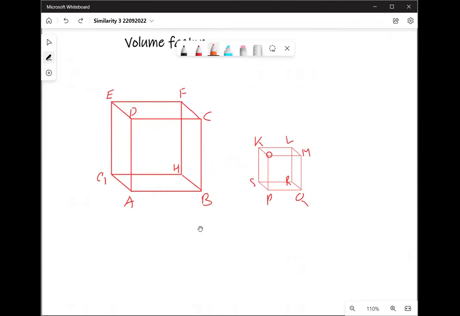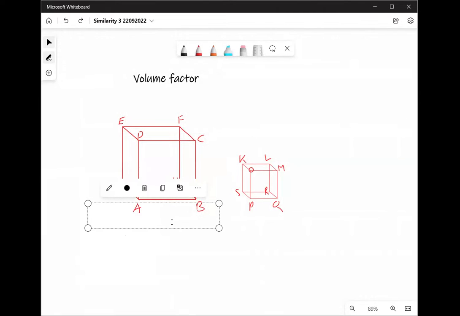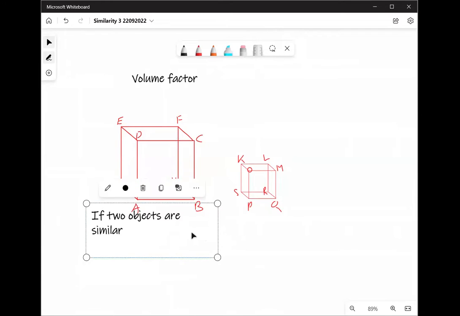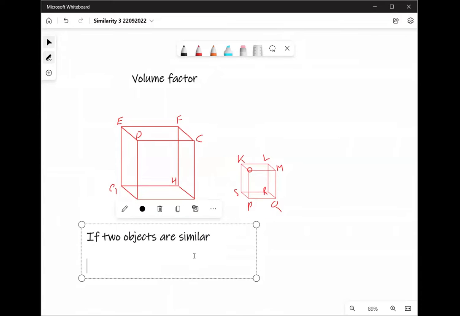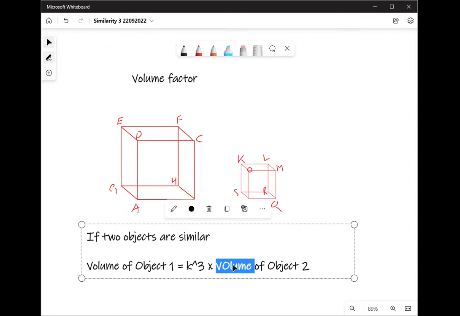Now, whenever you have a shape like this, we need to realize that if two objects are similar, write this in your notebook. Volume of object A is equal to K cubed into volume of object B. Any questions here?